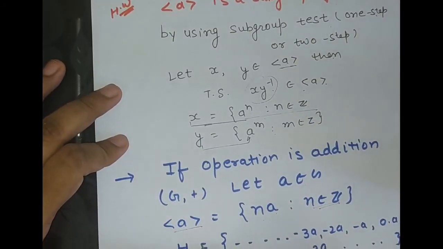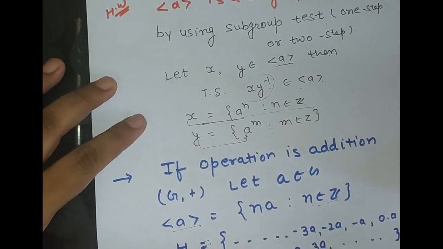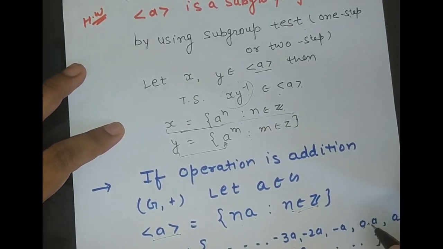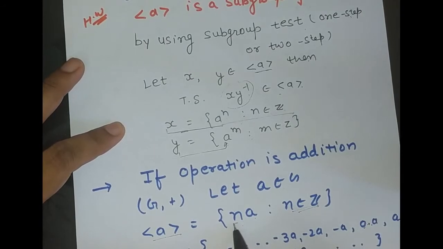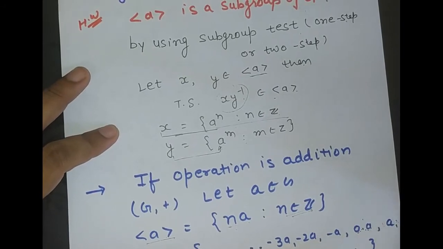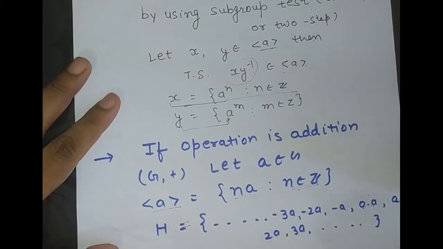Now H is a subgroup of this group generated by this element A. For addition, 0 is the identity, so 0 into A is 0, 1 into A is A, 2 into A is 2A, similarly 3 into A is 3A.